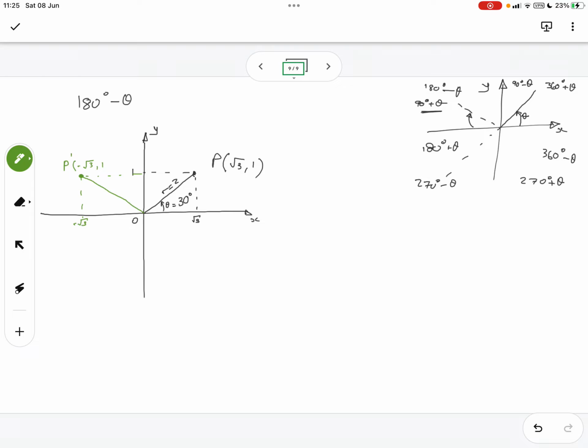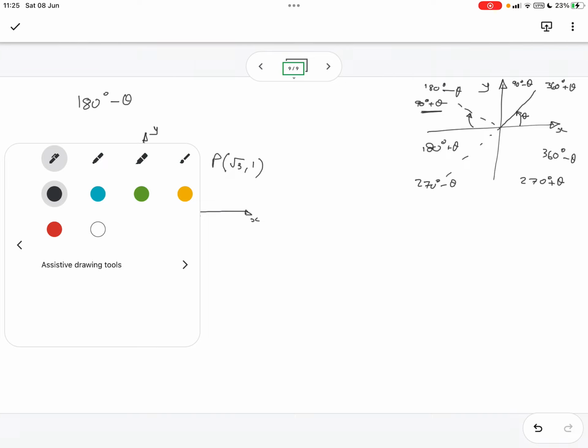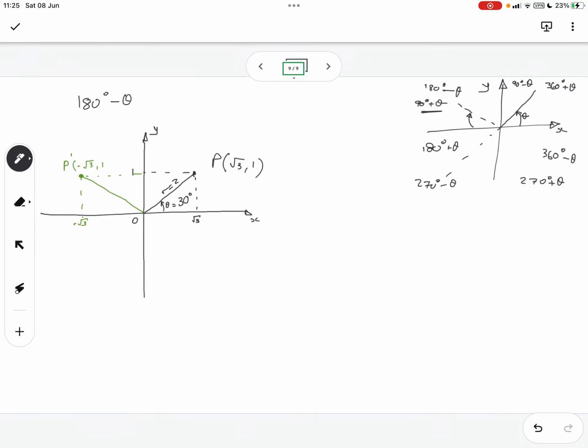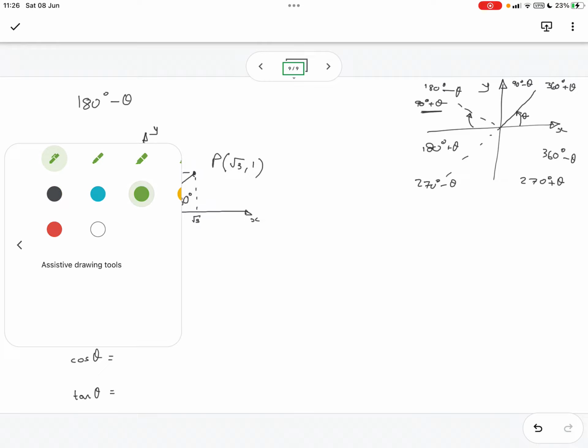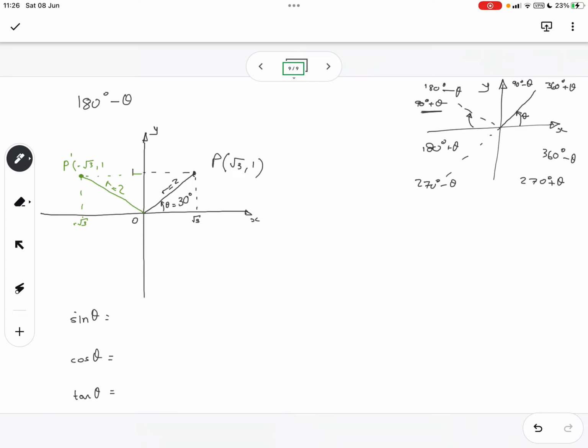Alright, so the point P prime is at (negative square root of 3, 1). And it's a mirror reflection of point P. Now, in this investigation, we can do our definitions for sine theta, cos theta, and tan theta.